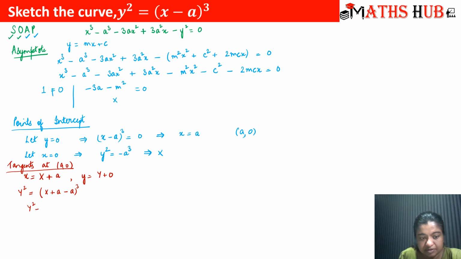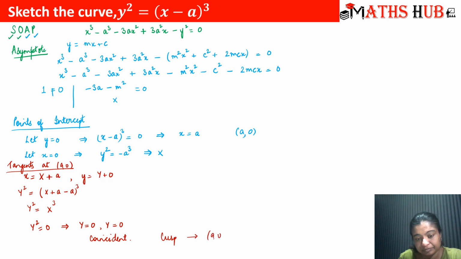So this is y square is equal to x cube. So now we equate the lowest term equal to 0. So y square is equal to 0 implies y is equal to 0 and y is equal to 0. That means we are getting two real tangents, but they are coincident, right? They are coincident. That means the point a comma 0 is acting as a cusp, the double point, right?